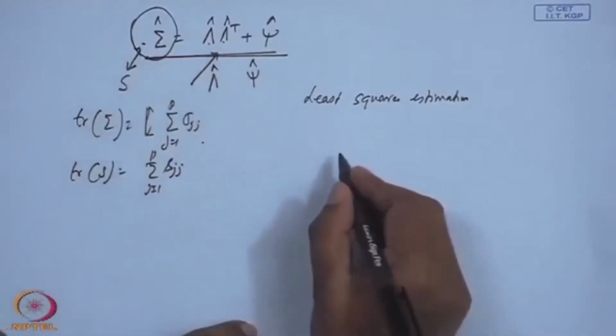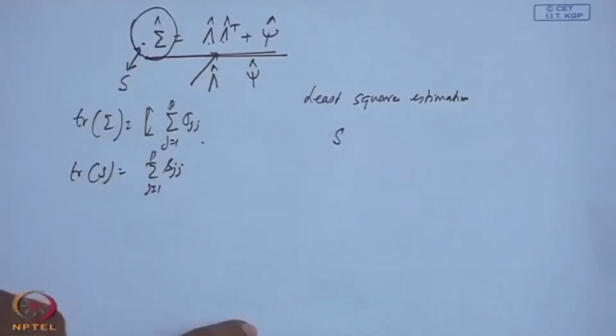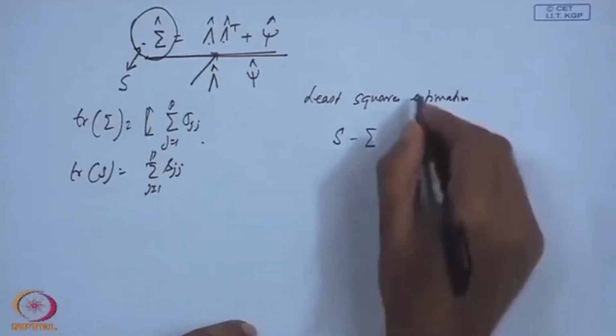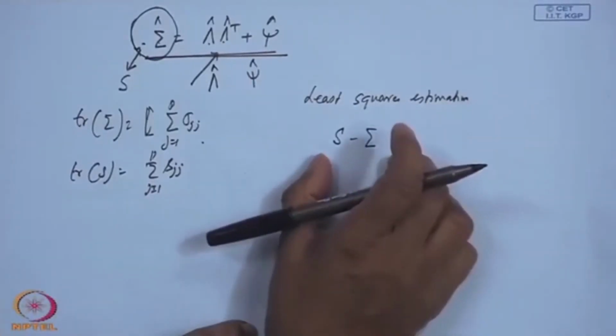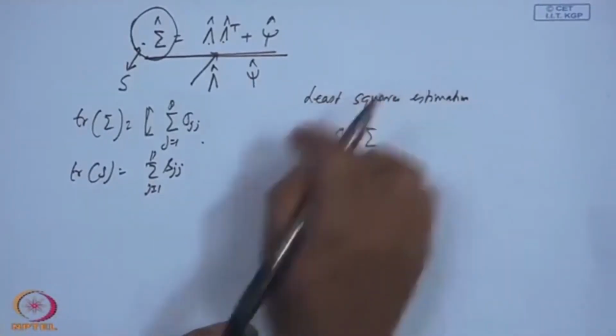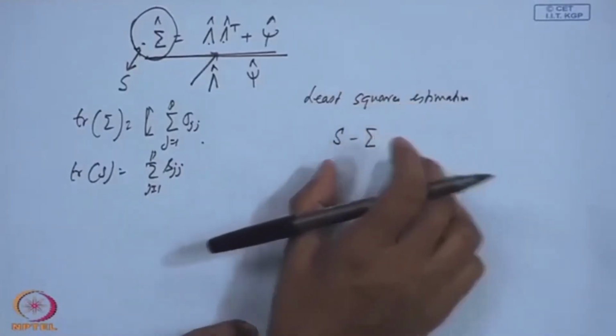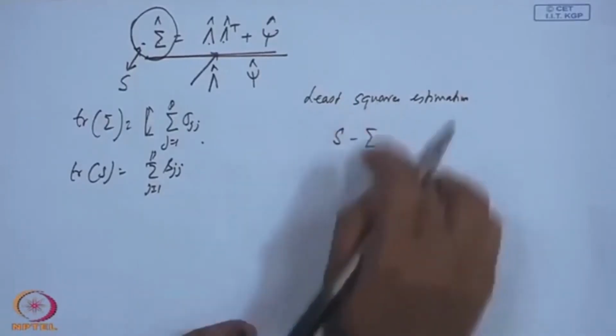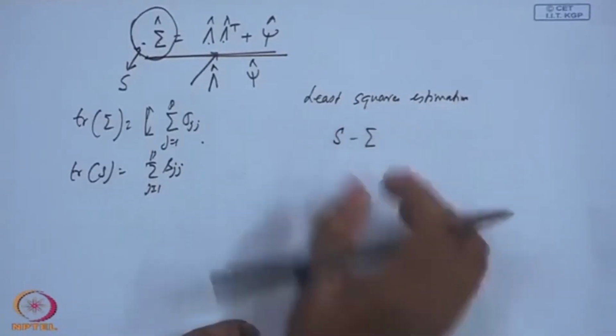Our sample covariance matrix is this, population covariance matrix is this, and we want the minimization function which basically minimizes the sum square errors, that means sum of squares of the elements of this matrix.